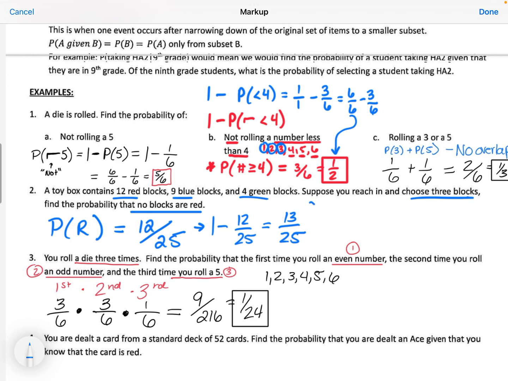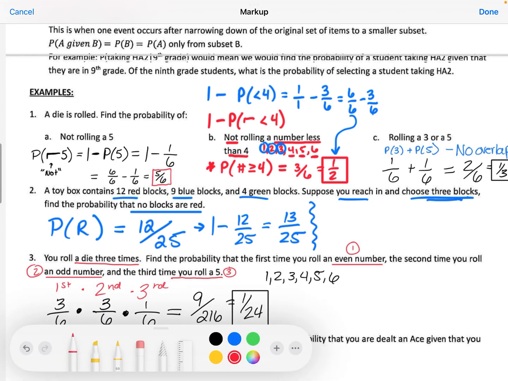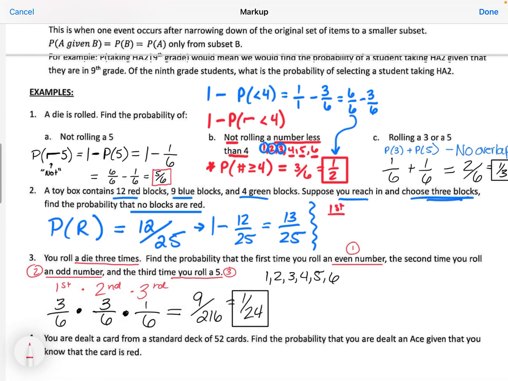But then we're doing this 3 times. When it says you reach in and choose 3 blocks, that means we're not putting any back. So the first pull is going to be 13 out of 25. The second time we reach in is going to be 12 out of 24, because we're assuming we got the red block that we wanted and we're leaving it out of the bunch, so our denominator decreases.